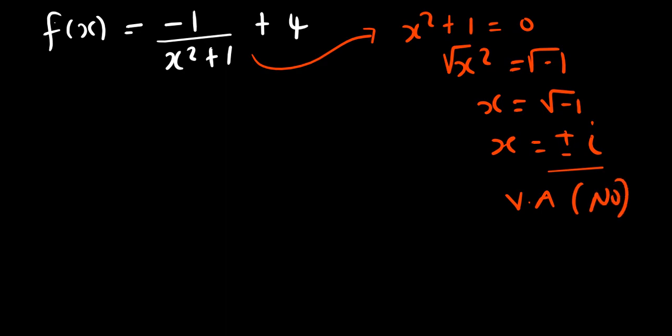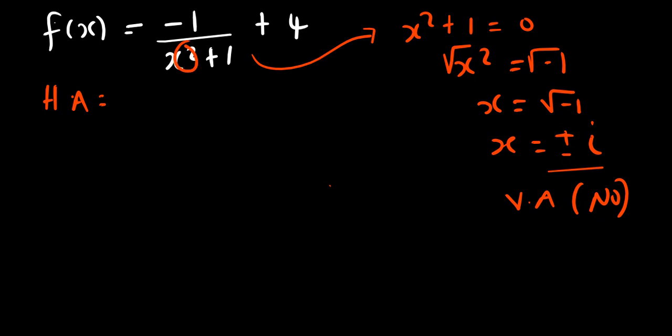So now you realize that this 4 that is here, this is the shift in the y direction. Okay, in the y direction. So because it's a shift in the y direction, it shifts the function by that. The horizontal asymptote for this function, you look at the powers of x.